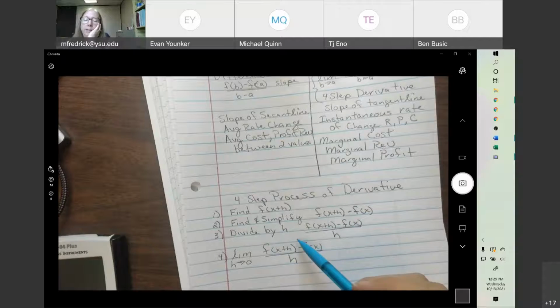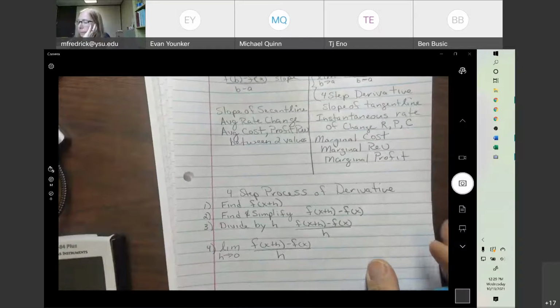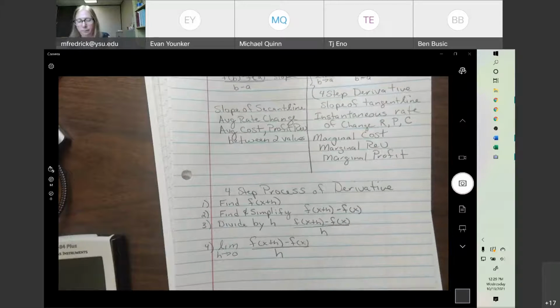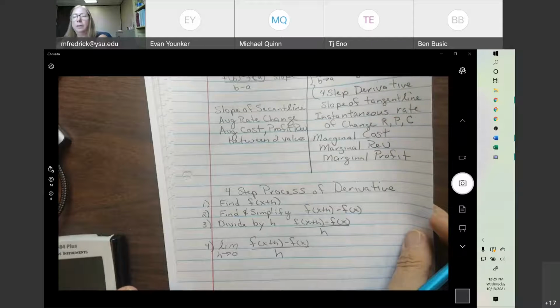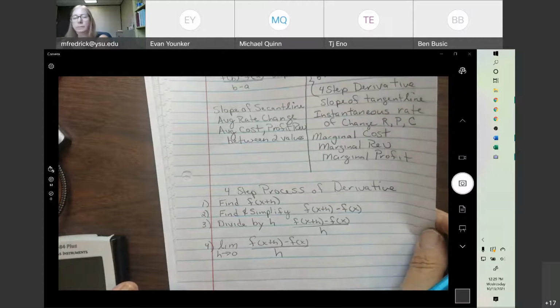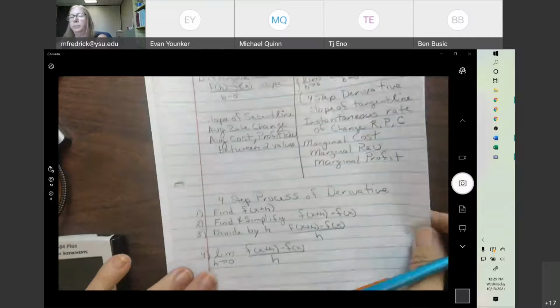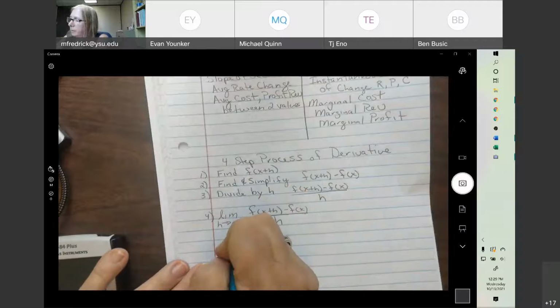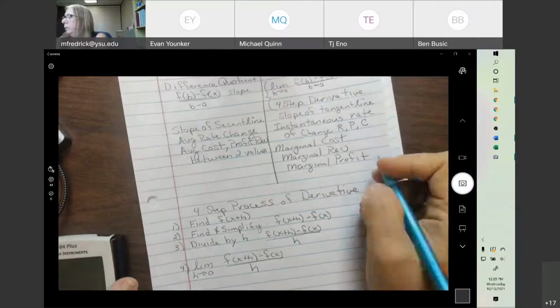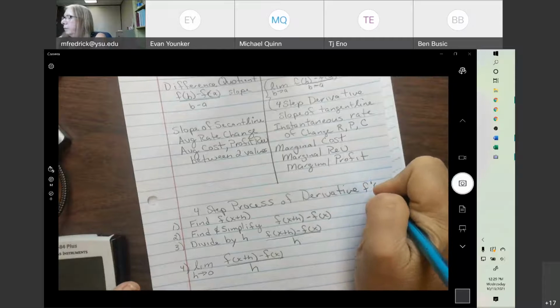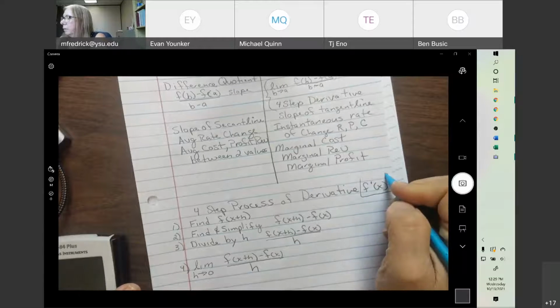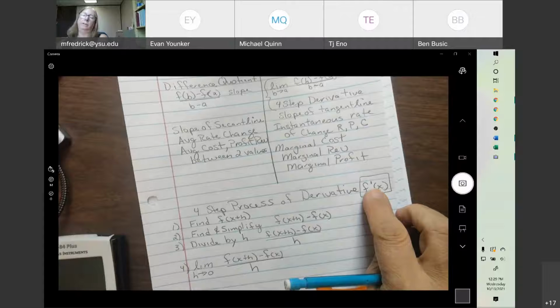But if it does simplify, then I don't do the whole step at once. Also, the symbol they use for derivative is f prime of x. So this symbol means the derivative.